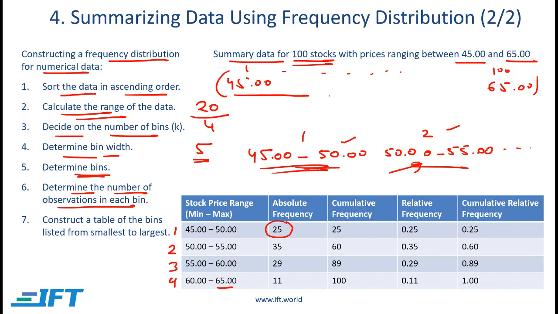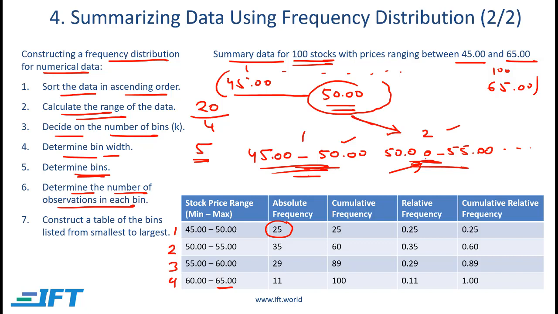Now a question is, what would we do with a stock that is at 50? And the answer is this stock will go in bin 2. And the way you remember this is, if this stock is given a choice as to whether it wants to go with the big boys over here or the small boys, this is going to pick the big boys.